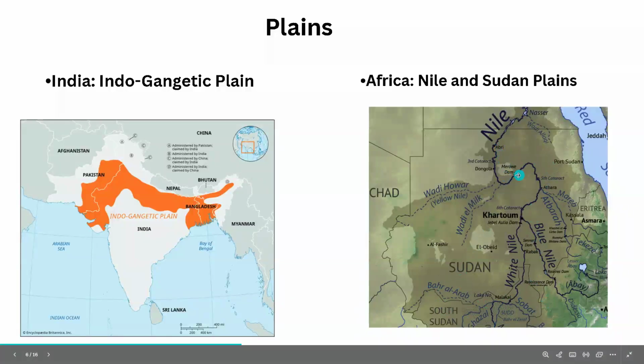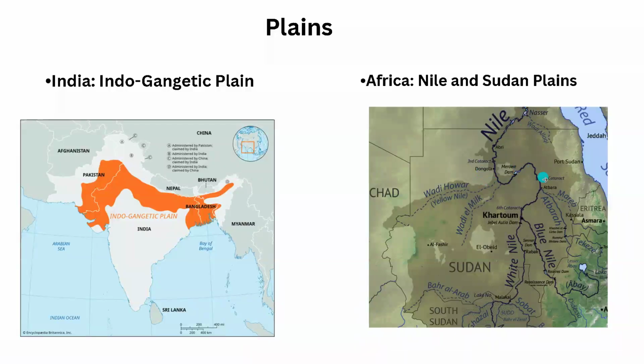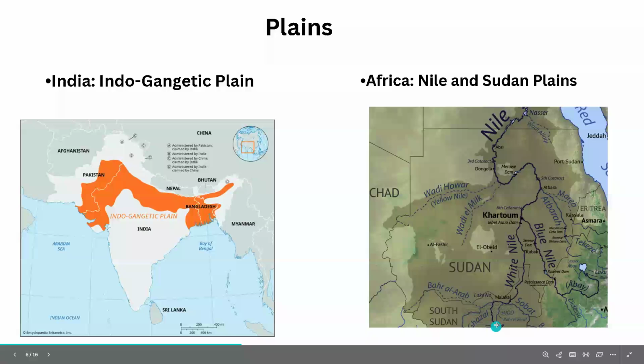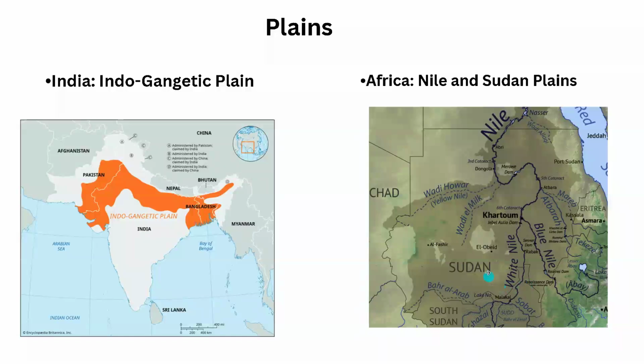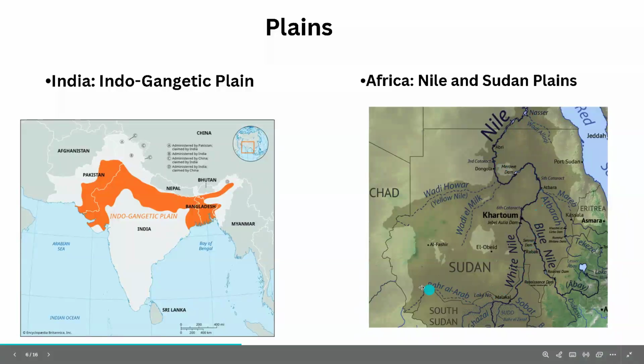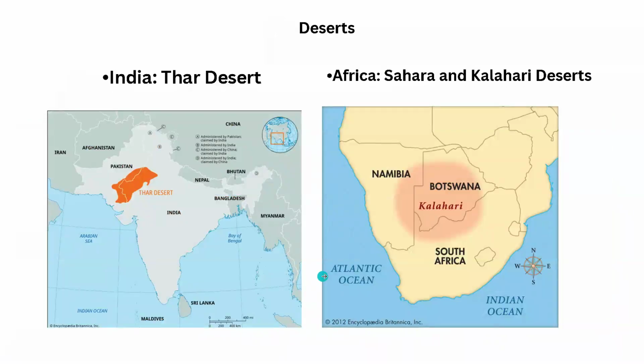Here the important river Nile is flowing almost through Africa. So you will find the river Nile to be very fertile and Sudan to be fertile also. These are the plain regions where agriculture is possible. Where plains are there, agriculture is possible.